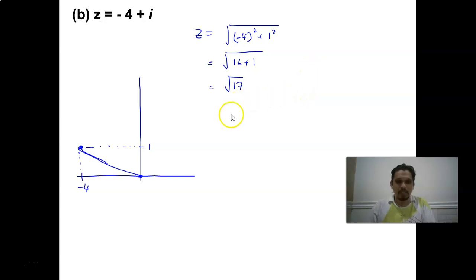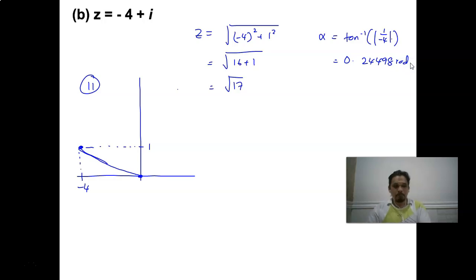Okay, and then this is the first quadrant and it lies on the second quadrant. Okay, so alpha equal to arctangent of 1 over negative 4, the modulus here. So arctangent of this gives you negative 0.24498 radian.